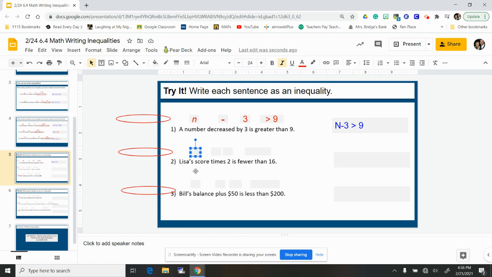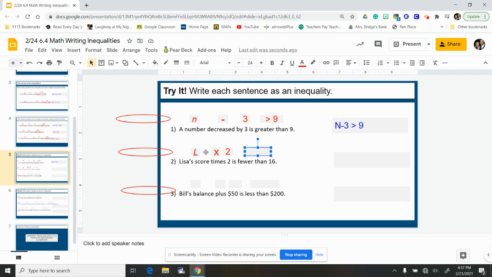So we have Lisa's score. So we don't know Lisa's score, so I'm going to put an L there for the variable, times 2. So times, hopefully we know we're dealing with multiplication. 2 is an important number for our inequality. Fewer than 16. Fewer than 16.